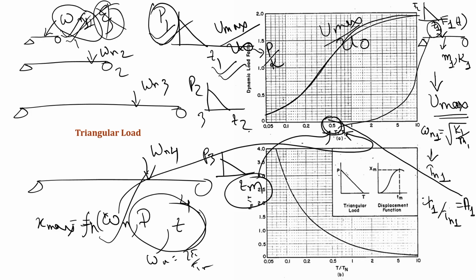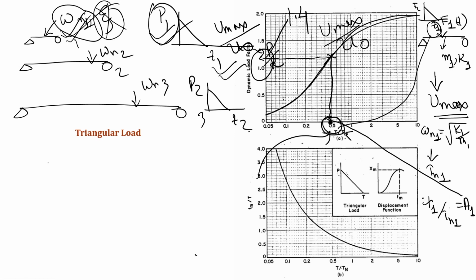So, I come to this point 0.5, and I go up, find where it is cutting this graph. This corresponds to a value of, let us say, 1.4. So, u max divided by u naught equals 1.4.